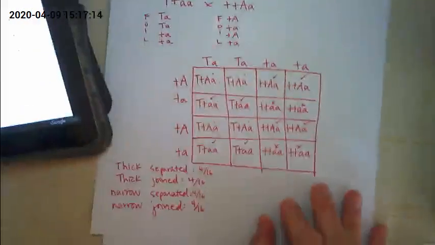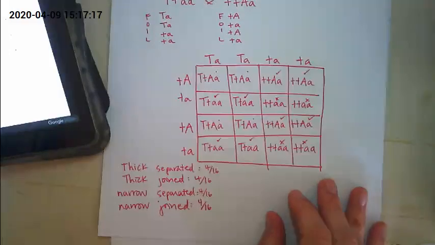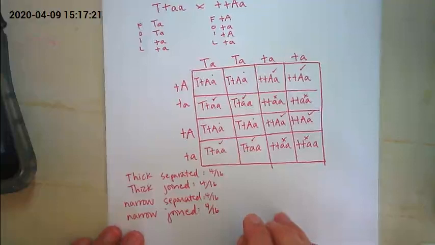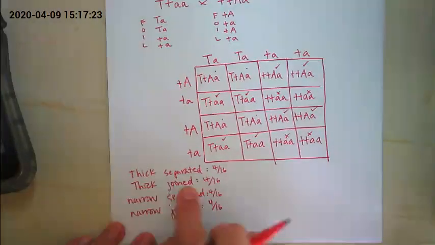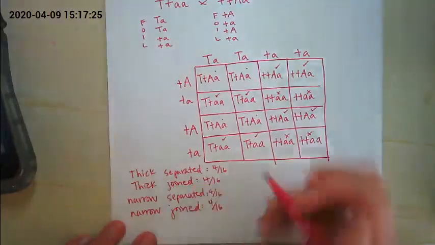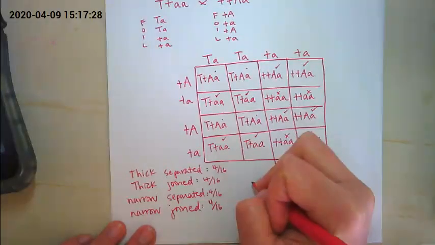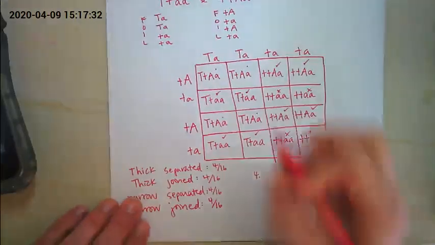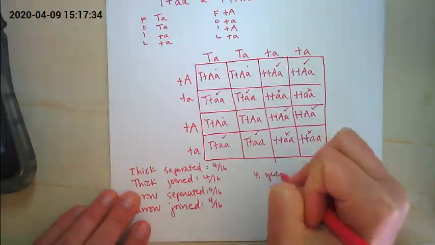Then it says, will Michael have children that look like him? What is the percent chance that Michael has a child with a thick joined unibrow? So this is number 4. There's a 25% chance, yes, he could.